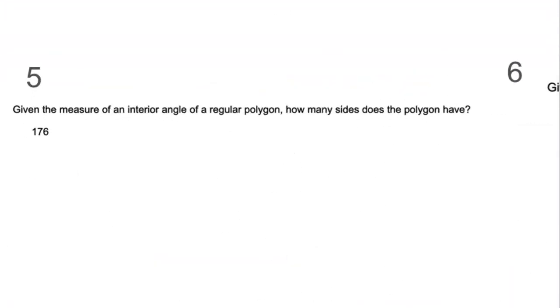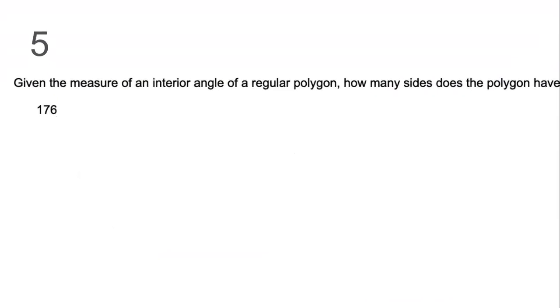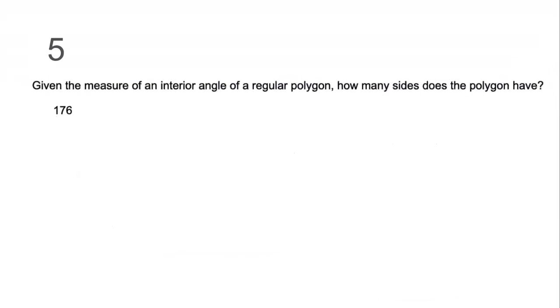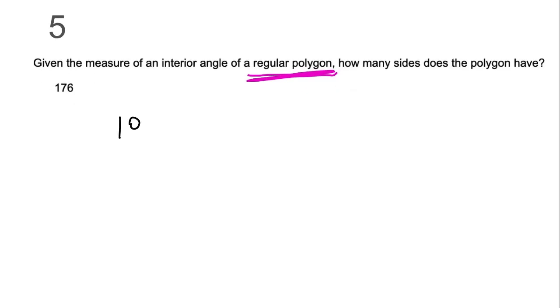Shh. For number 5, it says find the measure of an interior angle of a regular polygon. Now, this is the key word, a regular polygon. A regular polygon means that each angle is congruent to each other. So it's kind of similar to the original formula, 180 times n minus 2.